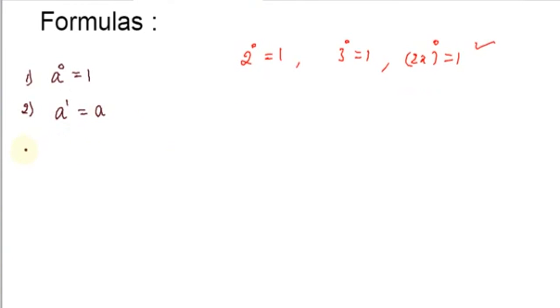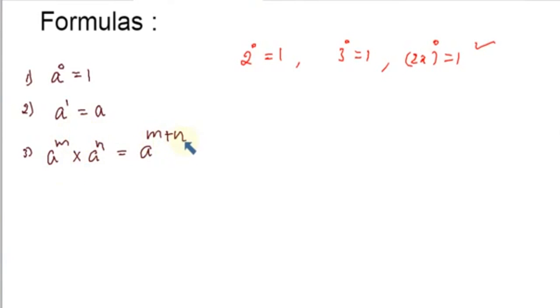a to the power m into a to the power n is equal to a to the power m plus n. Here the bases are the same, so we need to add the powers. Whenever the bases are equal, only then should we add the powers.